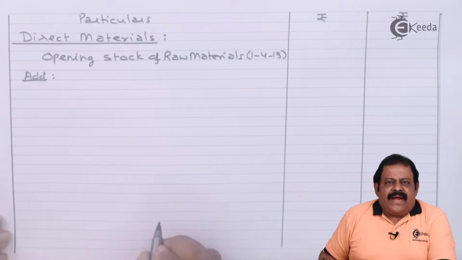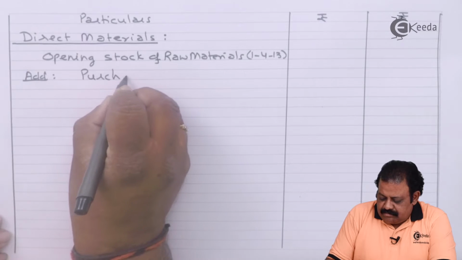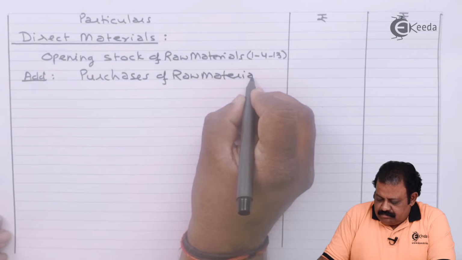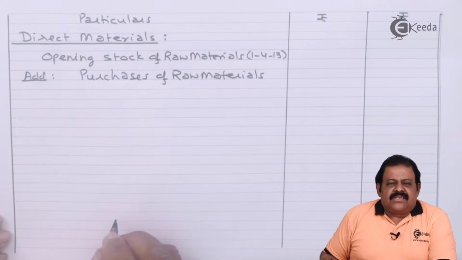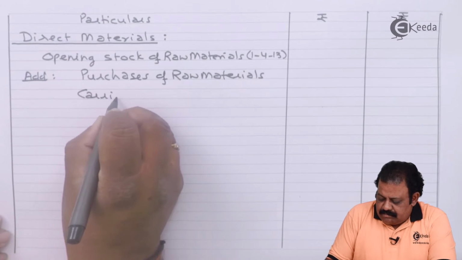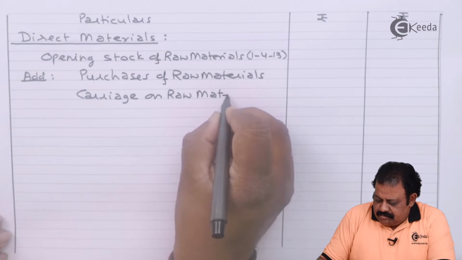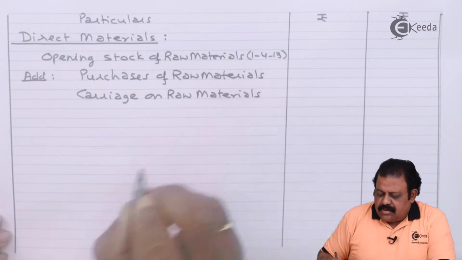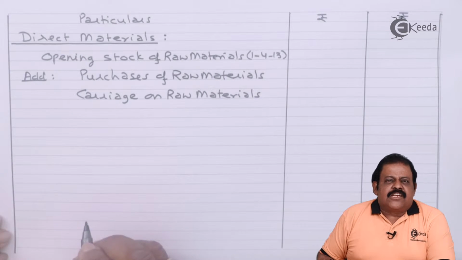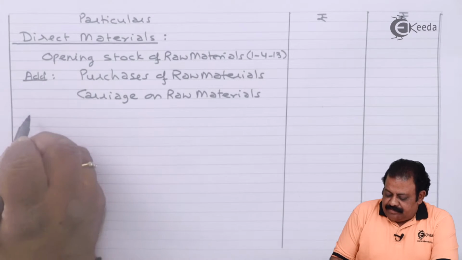To this we are required to add purchases of raw material, and any purchase expenses relating to raw material, like we have carriage on raw material. After adding all these purchase expenses, finally we are required to deduct closing stock of raw material.